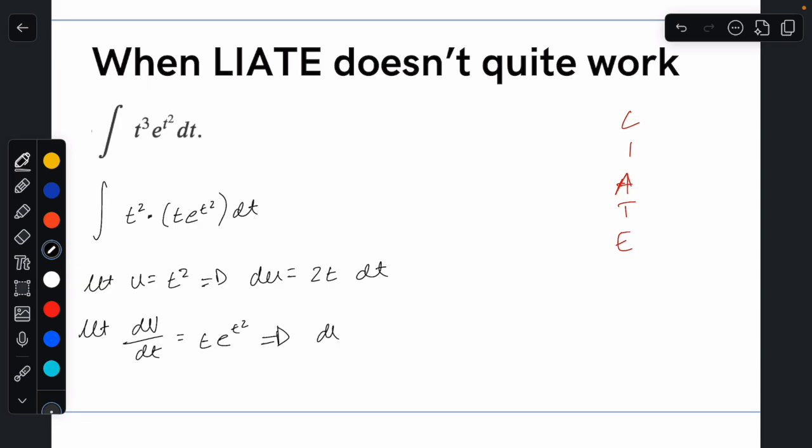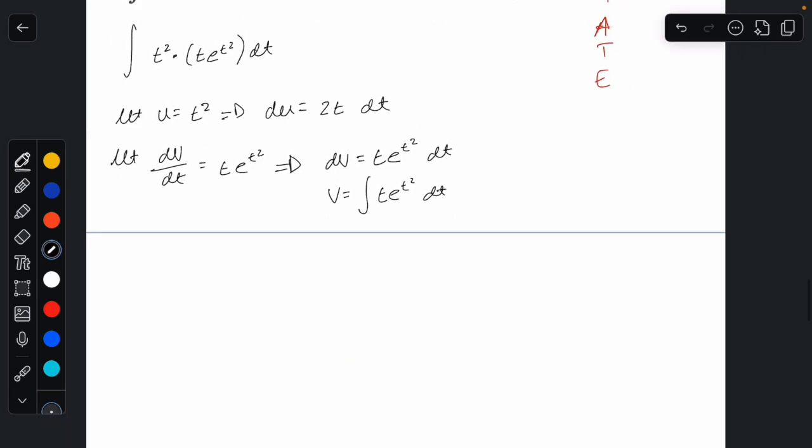Therefore dv is equal to t e to the t squared dt. So v is going to equal, but now we can evaluate this. Why and how? Because we can apply some u substitution. So if I say let me just do a quick substitution.